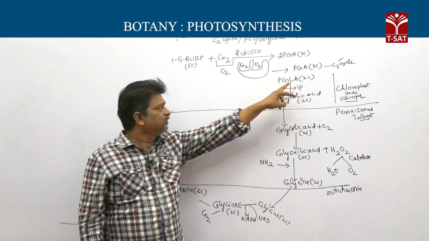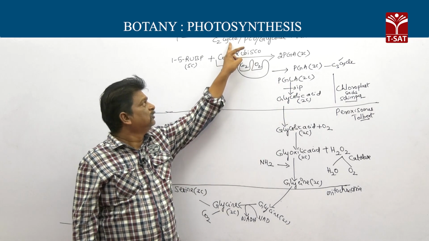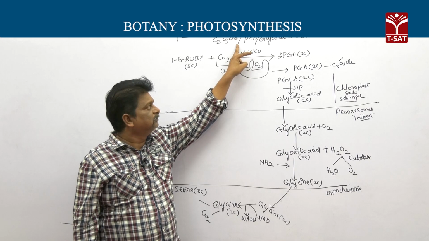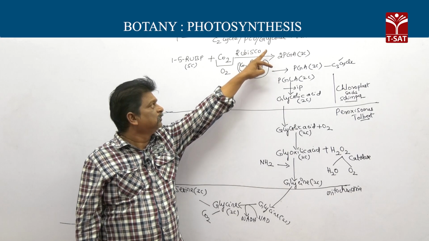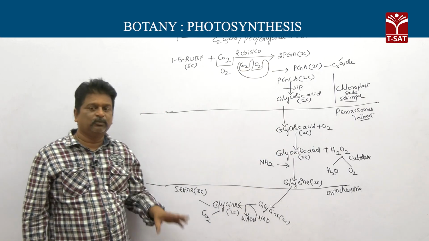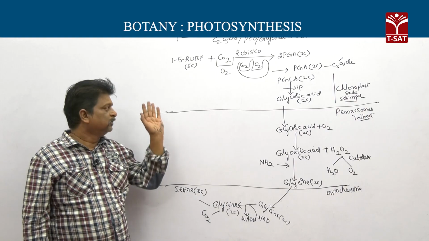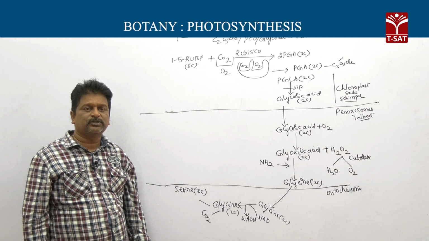The first formed product is phosphoglycolic acid. It has 2 carbons, so it is called the C2 cycle. The main substrate for photorespiration is glycolate, so it is called glycolate metabolism. This photorespiration differs from normal respiration.